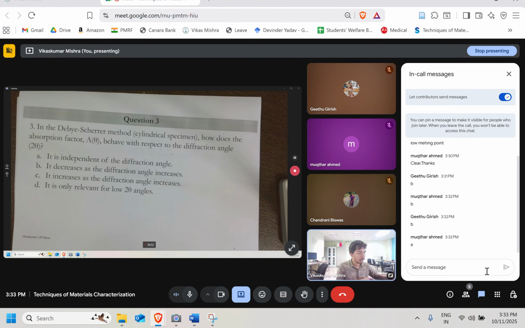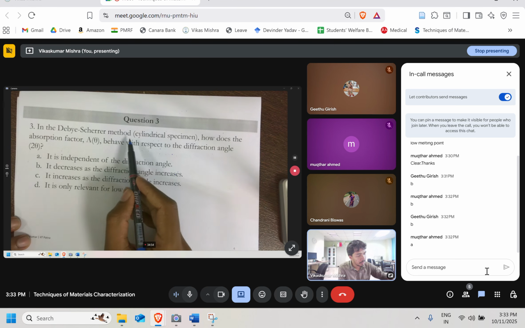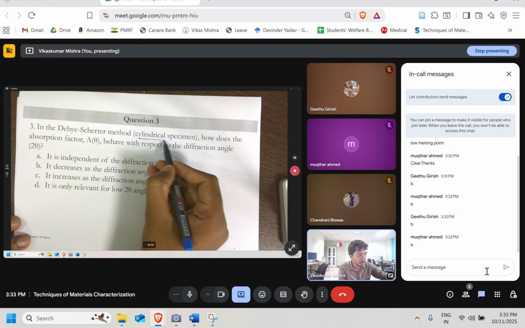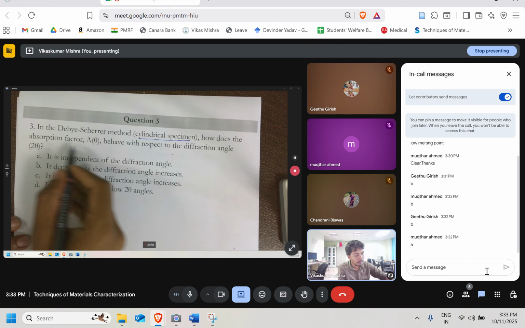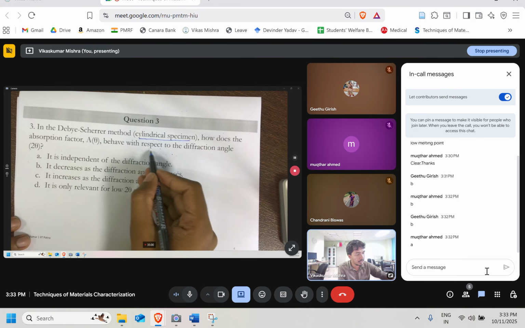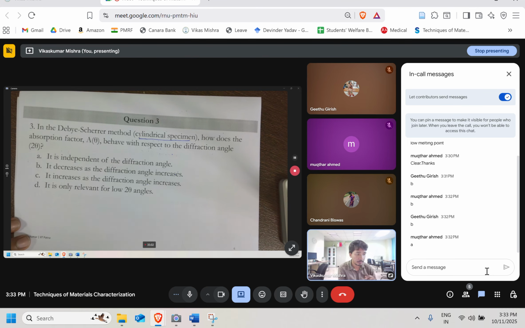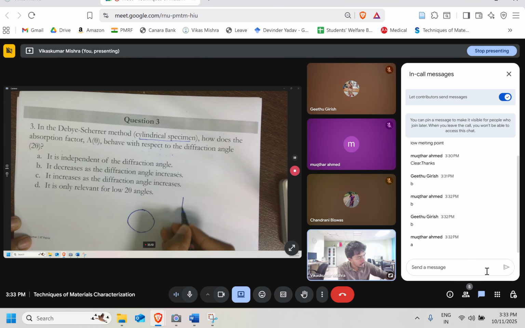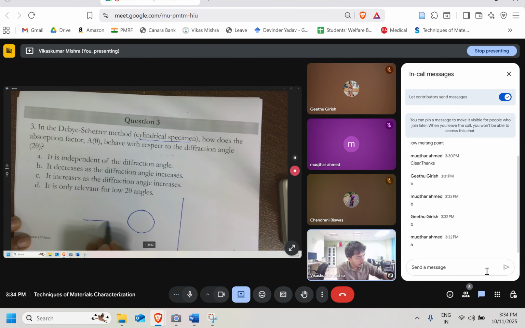So now we have to talk about the Debye-Scherrer method, a cylindrical specimen. How does the absorption factor behave with respect to the diffraction angle 2 theta? Let's have a look. Let's say this is our specimen, this is the screen, and this is the X-ray.